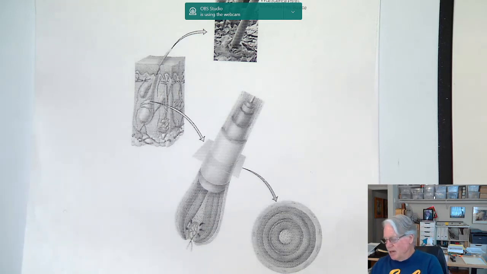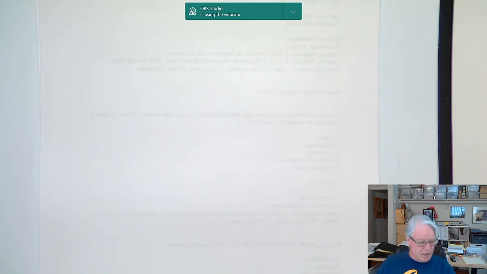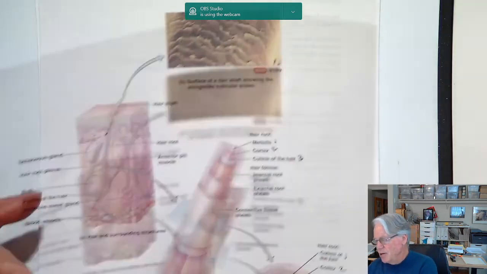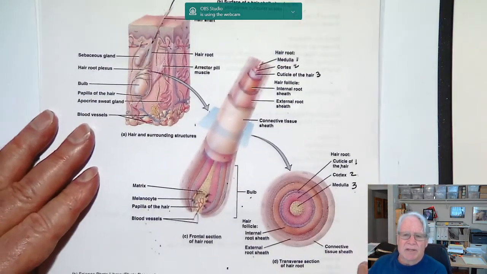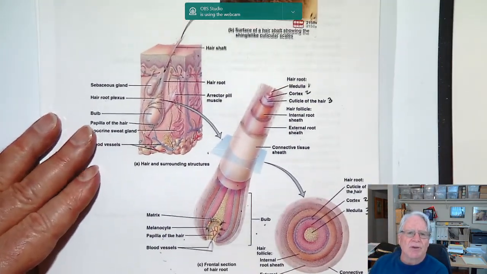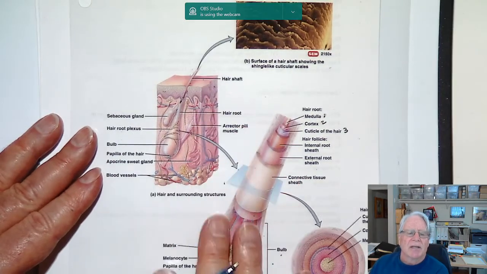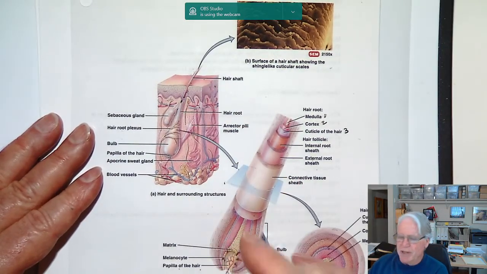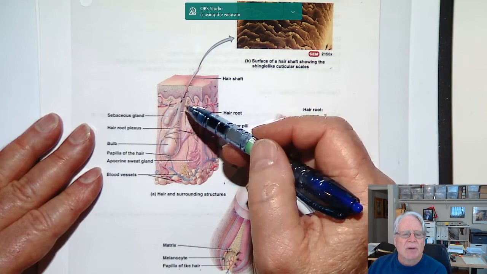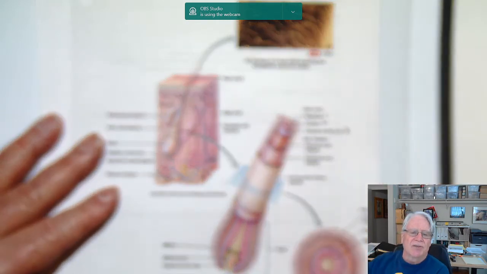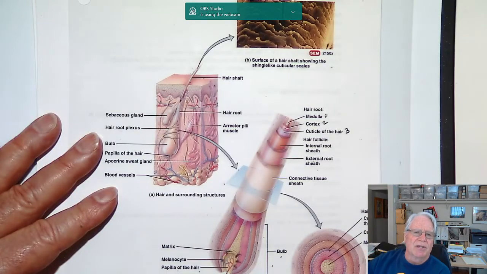Okay, so let's first look at the artist's textbook picture image, and this is that same drawing in color. So first of all, let's just start right here and take a look at the emplacement of the hair. Most of the complex structure of the hair is found in the dermis, as you can see.